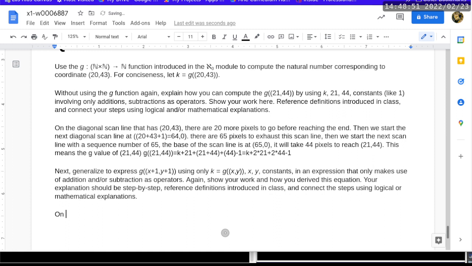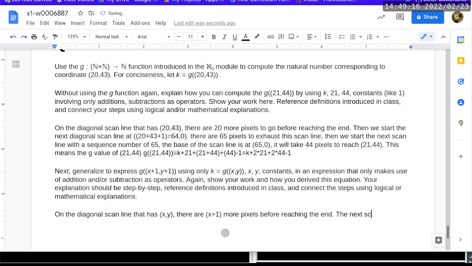So we say on the diagonal scan line that has x, y, there are, let's see, so we have x plus 1 more pixels before reaching the end.